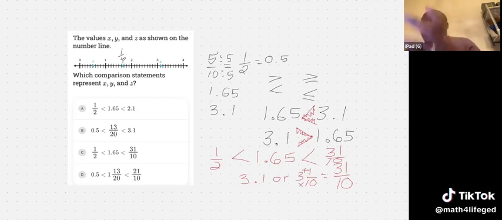Hopefully that explains the problem and that you understand now what the answer would be. The answer in this case would be C.